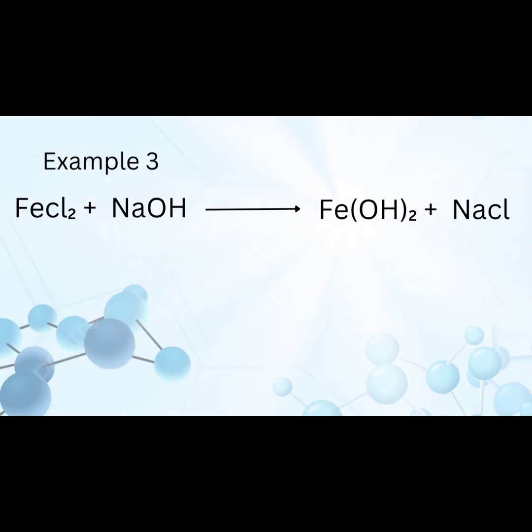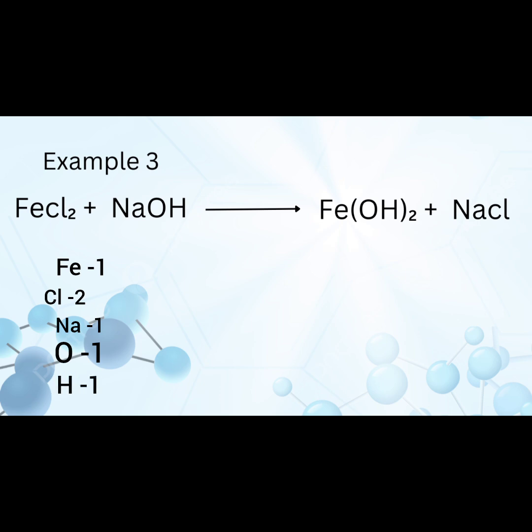Now, coming to example number 3, here if we divide the reaction and see the number of molecules, in LHS, the number of molecules of iron is 1, whereas Cl is 2, sodium is 1, oxygen is 1 and hydrogen is 1.